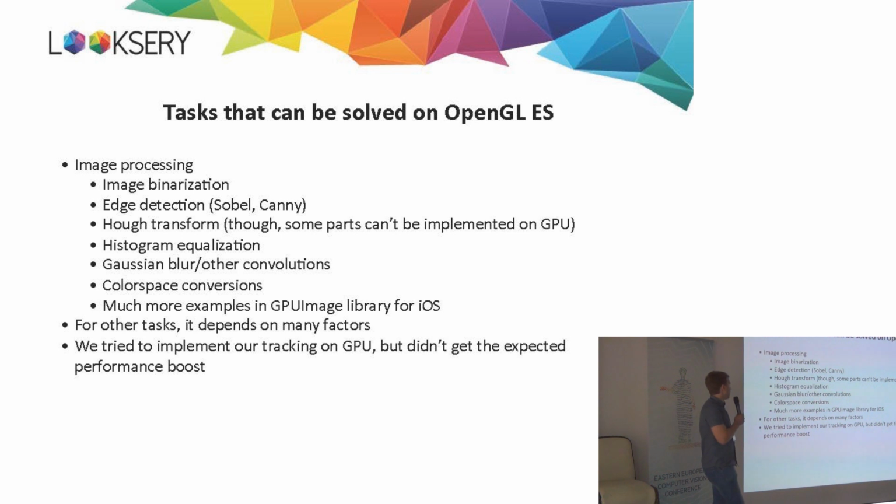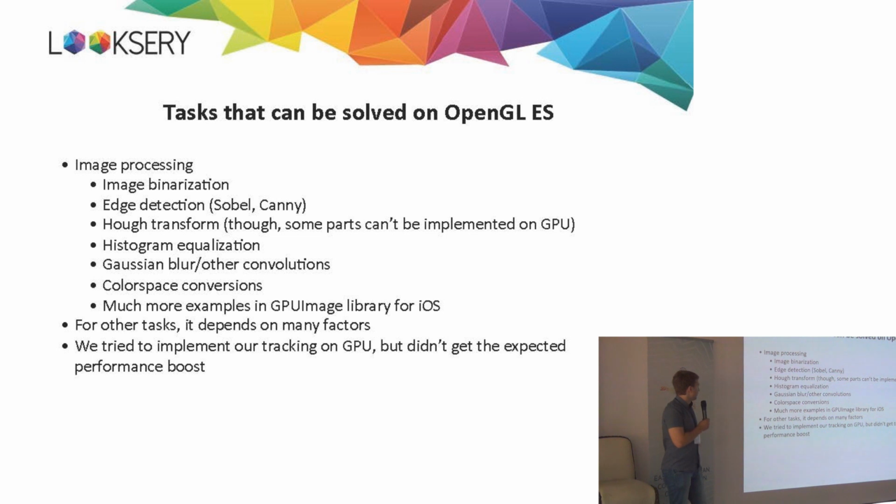Anyway, it will be faster than the OpenCV implementation by a couple of times on an average device. For Hough transform, for example for line detection, it will take approximately 15 milliseconds on an iPhone 5 at 640 by 480 resolution. You may use it for histogram equalization.